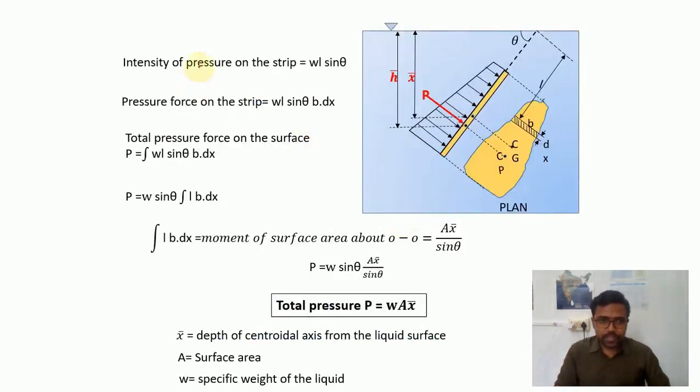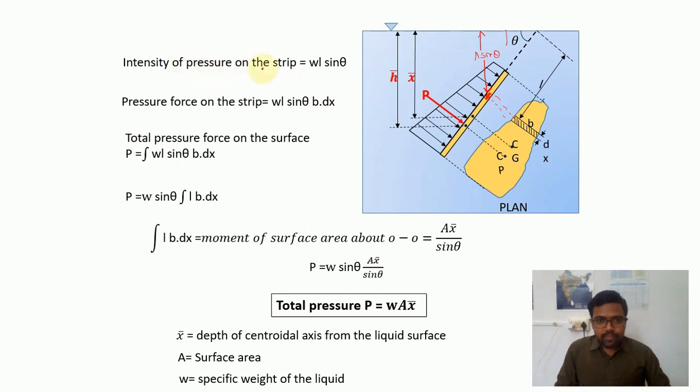The intensity of pressure on the strip will be wL sine theta. If the distance is L, then the vertical distance will be L sine theta, because this is the projection.